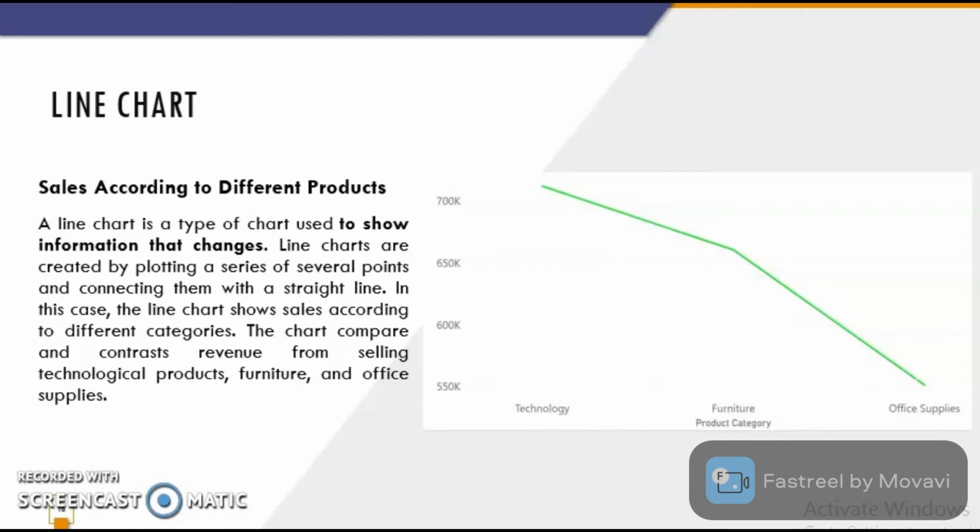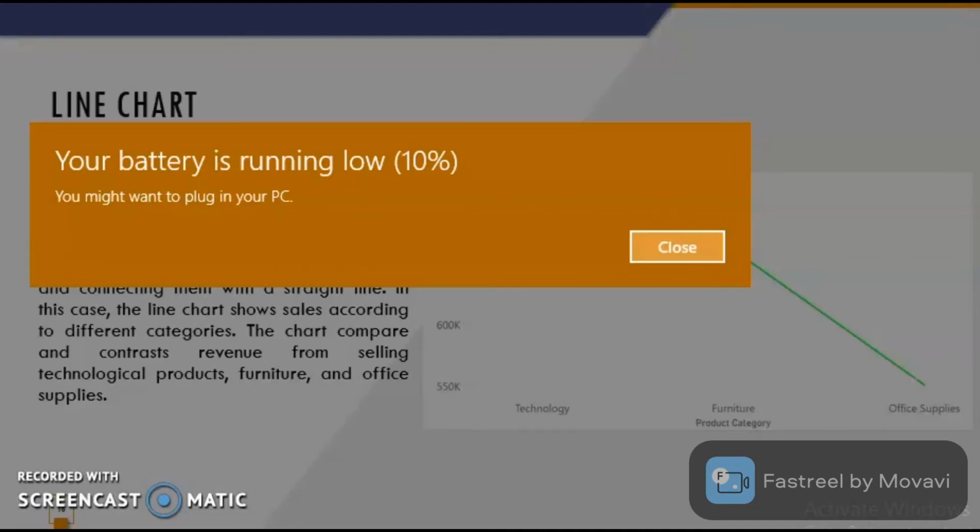In general, we have 3 product categories: technological, furniture, and office supplies. By looking at the chart, you can understand that the technological category sold more than 700,000, and the number is followed by furniture and at the end office supplies.